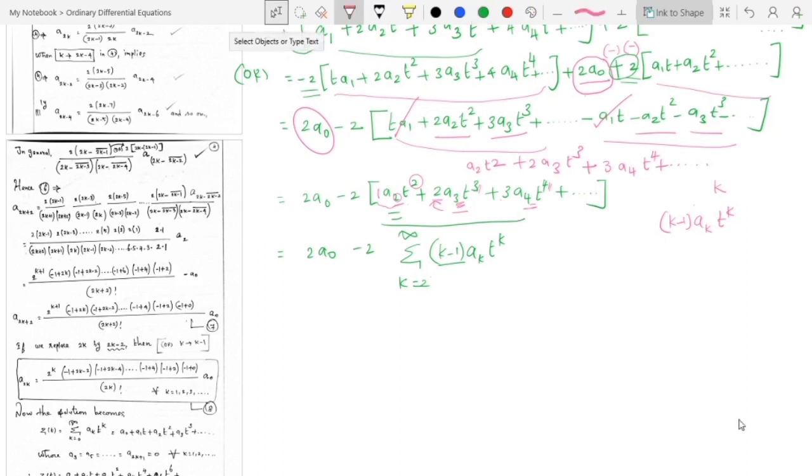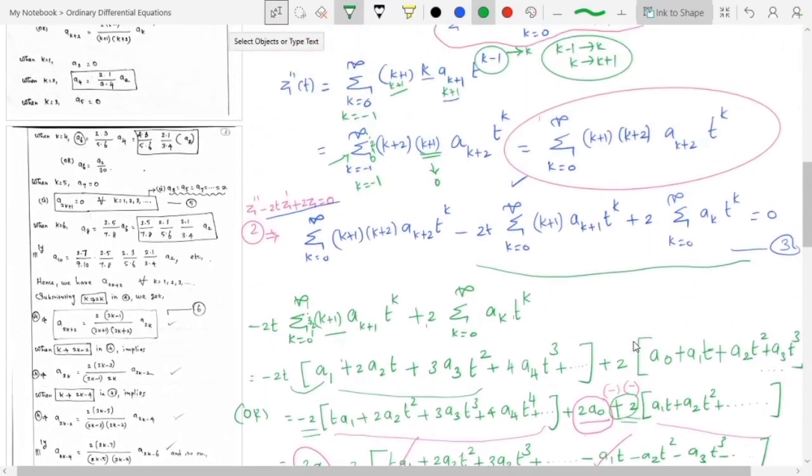There is no change at all even if we start k from 1, because if we replace k by 1 here, 1 minus 1 is obviously 0, so there will be no impact at all. So the answer is 2a0 minus 2 times the summation k from 1 to infinity of (k minus 1) a_k t power k. Let it be equation number star.